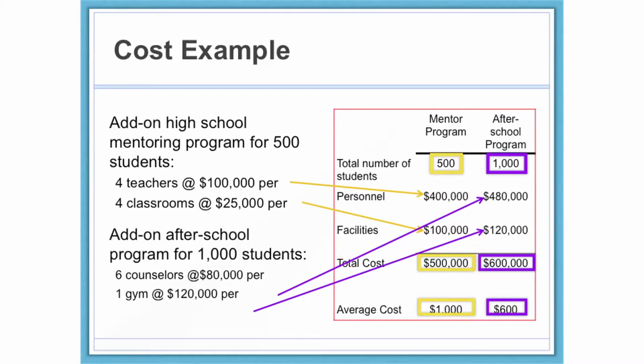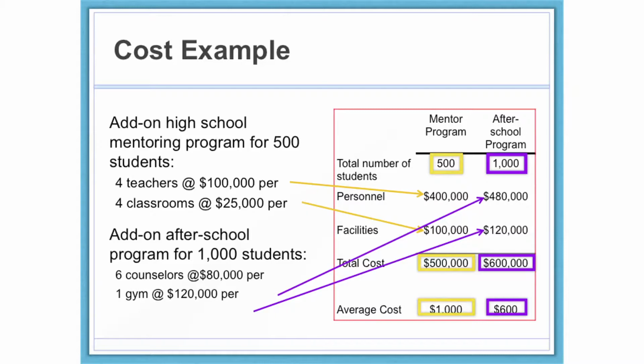Now, we could do the same for an after-school program. The average cost is simply the total cost divided by the number of students. For our after-school program, it doesn't matter that the scale is a little different, 1,000 students instead of 500. We're going to need 6 counselors, and we're going to need a gym.